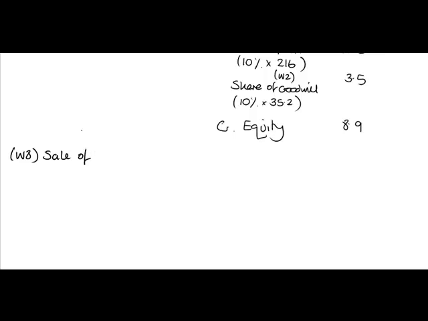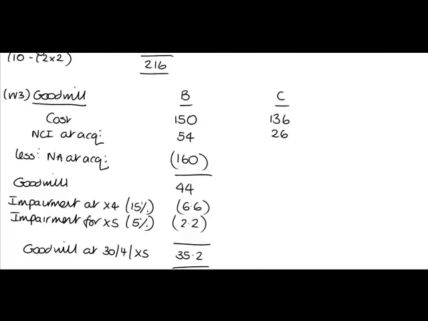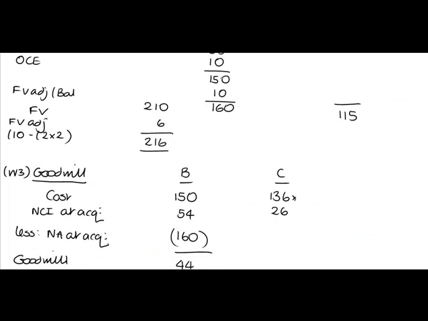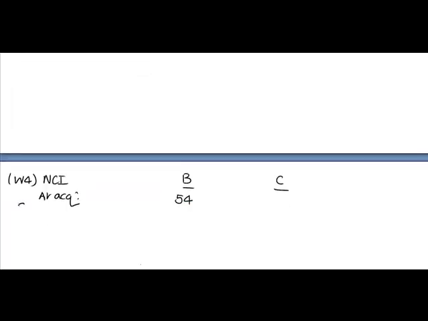Oh yes, no, we need to put our... So I've forgotten that this is an indirect. It's 136, and the group share of that is 70%. So that's 95.2. The other 30% will be deducted from the share of the cost in Ceram in our NCI calculation.